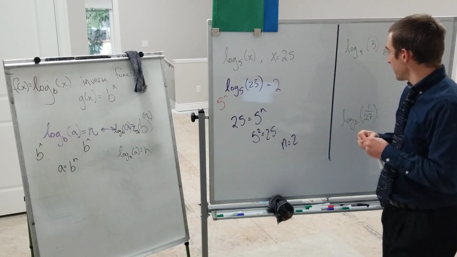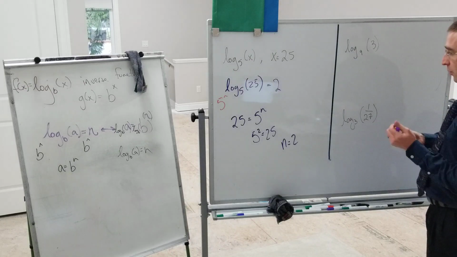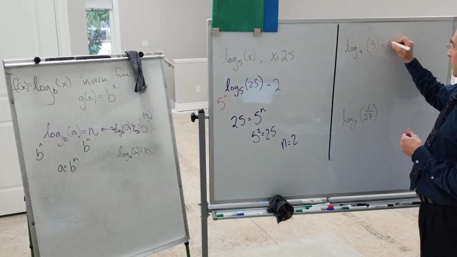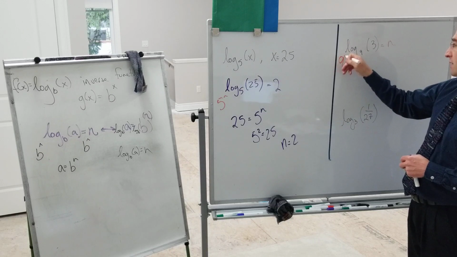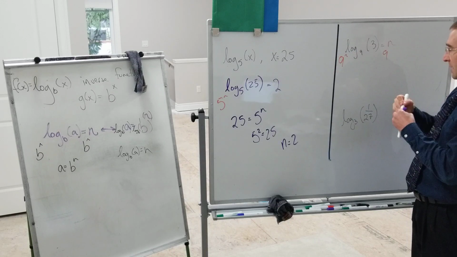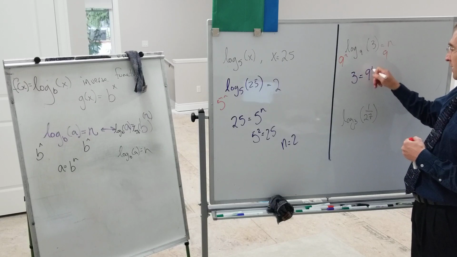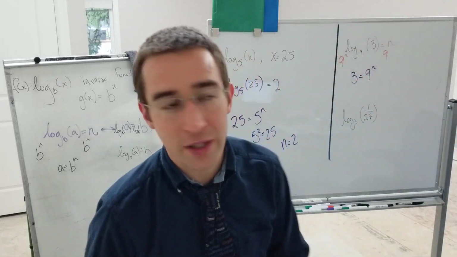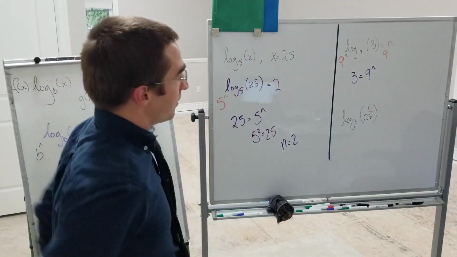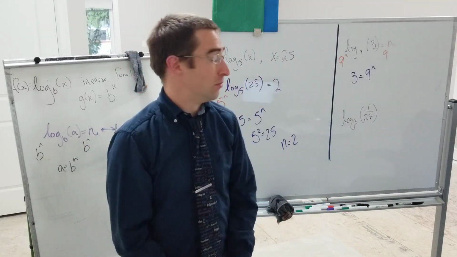All right, let's move on to this one here. We've got log base 9 of 3. So once again, we can say this equals n. We can exponentiate each side. We're going to use a base of 9 this time. So basically, 3 equals 9 to the n. What kind of exponent can I put on the 9 to make that number smaller, but still a whole number?